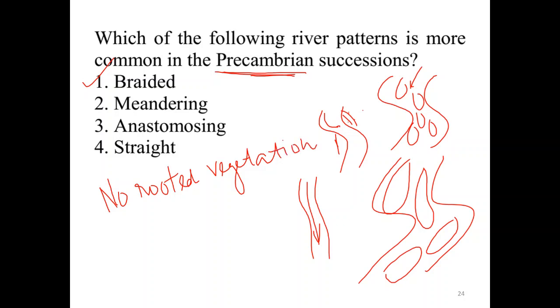So when there is no rooted vegetation, let me draw for you. When there is no rooted vegetation, then what will happen? Let us say that this river is flowing, and there is nothing on this side and nothing on either side. So what will happen now? There will be a very strong runoff, because to stop the sediments, the trees and vegetation are not there.